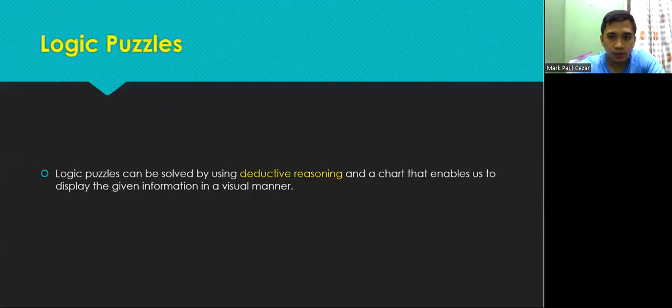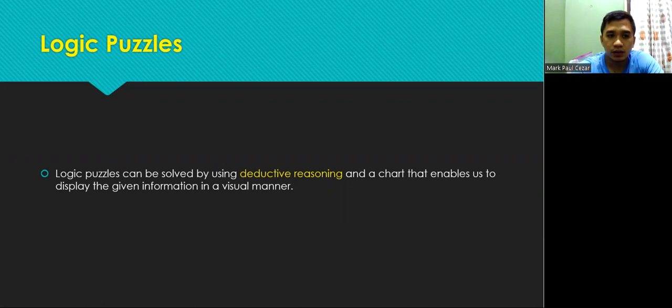So logic puzzles can be solved by using deductive reasoning and a chart that enables us to display the given information in a visual manner. You are already done with deductive reasoning, and the other type of reasoning, inductive and deductive reasoning.